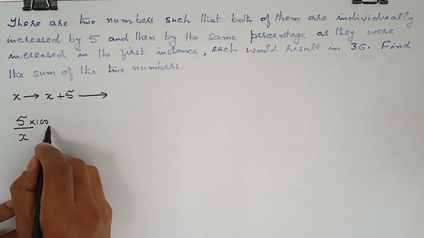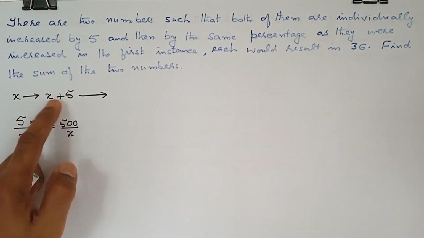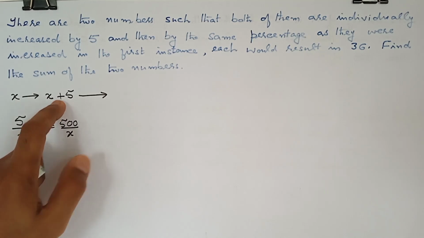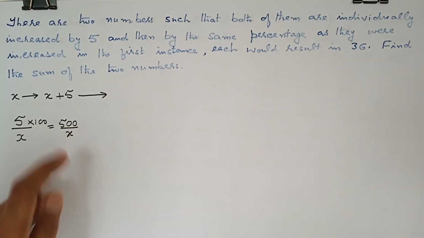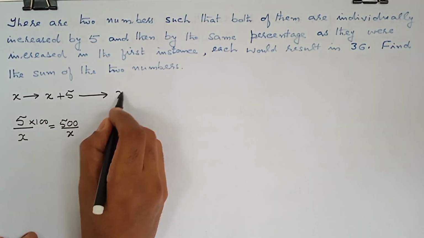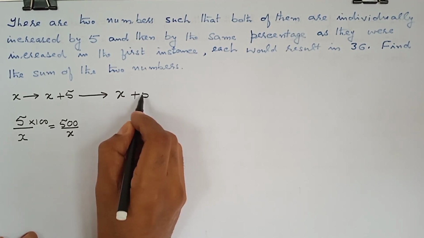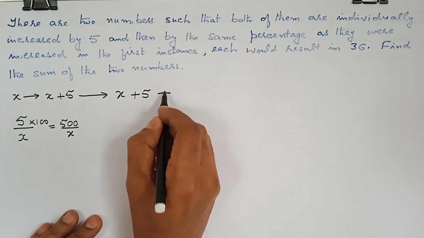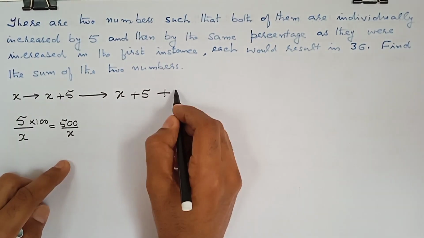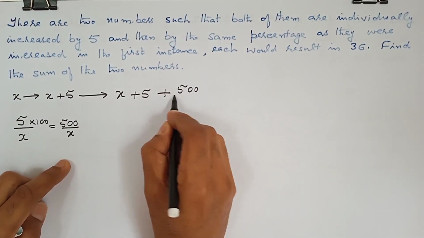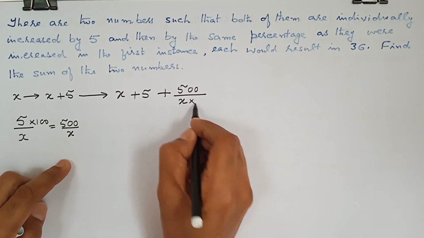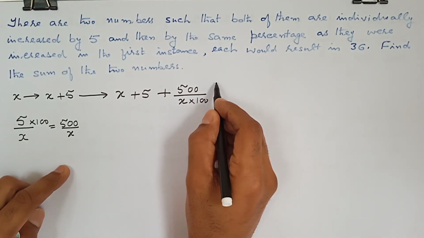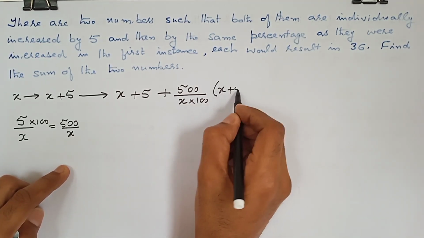So this number used to be increased by this percentage. How do you do that? To increase a number by a certain percentage, you write the number first, then add to that 500 by x percent. That means one more 100 comes, of what? x plus 5.